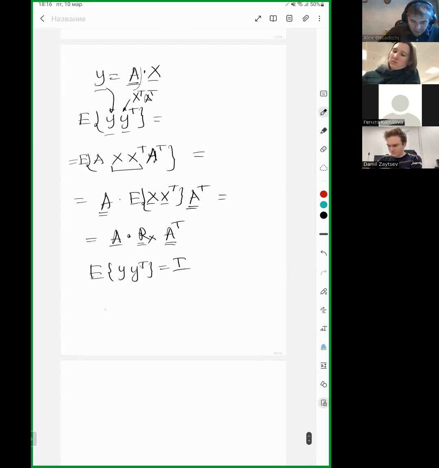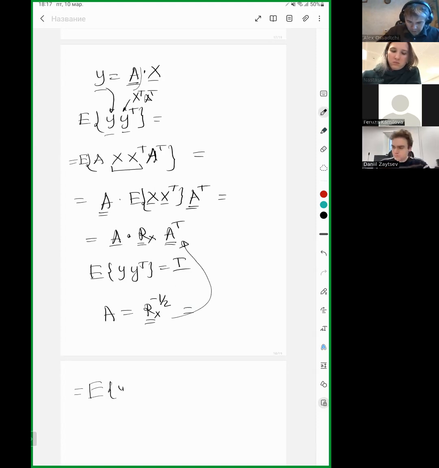Well, then it's clear you can select A to be equal to Rx to the minus 1 over 2, the square root of this matrix. Don't bother what it is. The square root is not the square root of each element of the matrix, of course, but it's just some operation. In MATLAB you can say inv sqrtm of R, and it will give you the inverse square root. If you substitute this into the expression, then the expected value of yy transpose is Rx minus 1 over 2 multiplied by Rx multiplied by Rx minus 1 over 2.